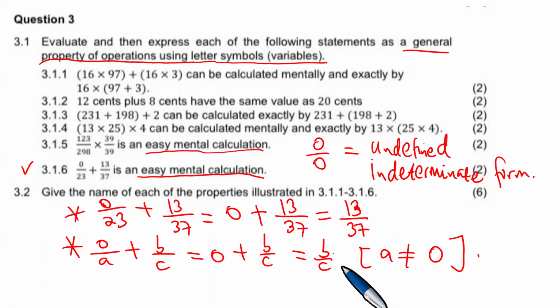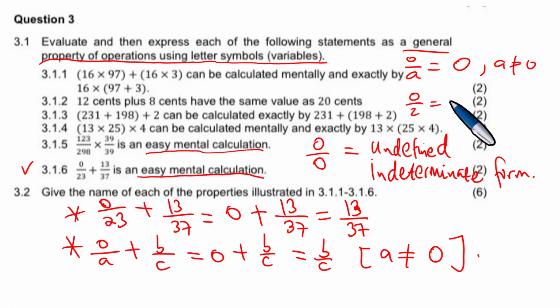So if you divide 0 by 0, you have an indeterminate form. 0 divided by A can only be 0 if the denominator is not 0. Like 0 divided by 2 is 0, but 0 divided by 0 is undefined. That's something we need to remember.